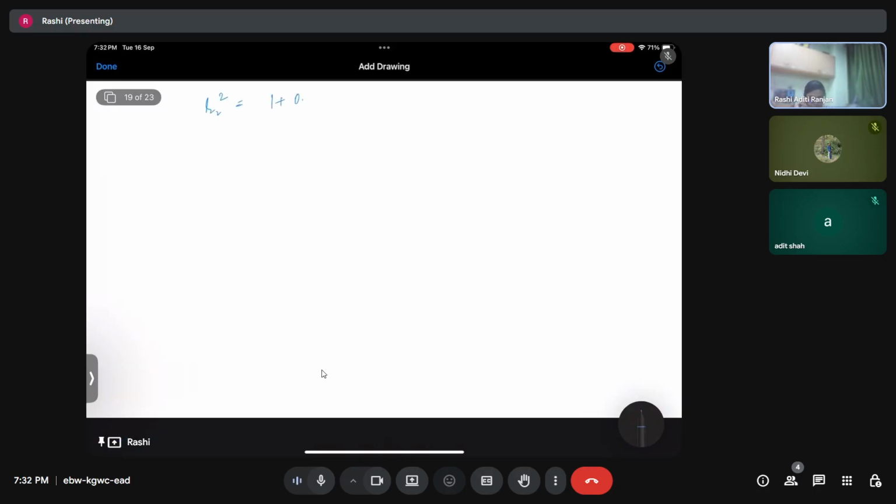1 plus 0.2025 by 2 plus under root of (1 plus 0.2025 by 2) whole square minus 1. So R2 square, I think I've calculated it. Okay.